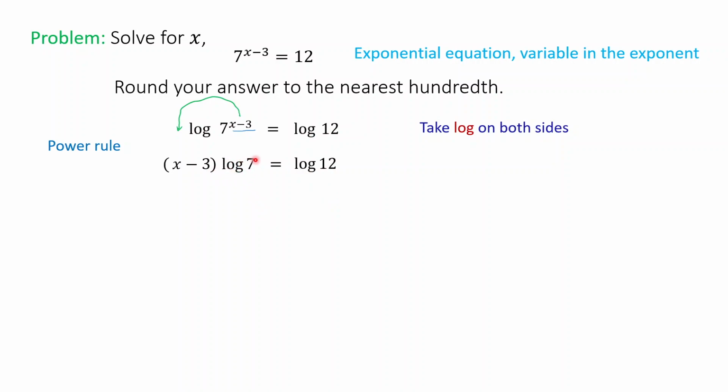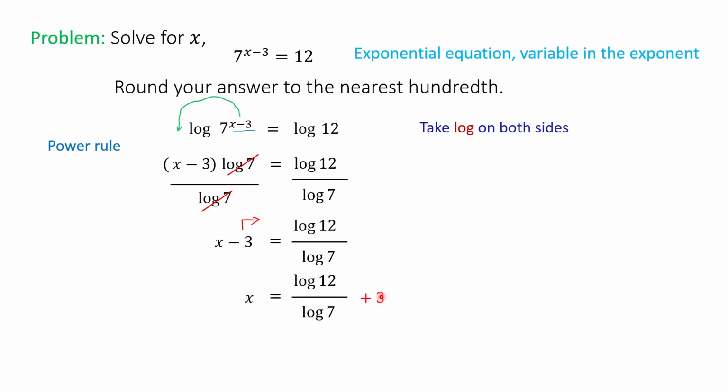Now divide this out. Cancel log 7. You will get x minus 3 is equal to this. Now move this to the right hand side by adding 3. You will get x is equal to this plus 3. This is the solution for this equation.